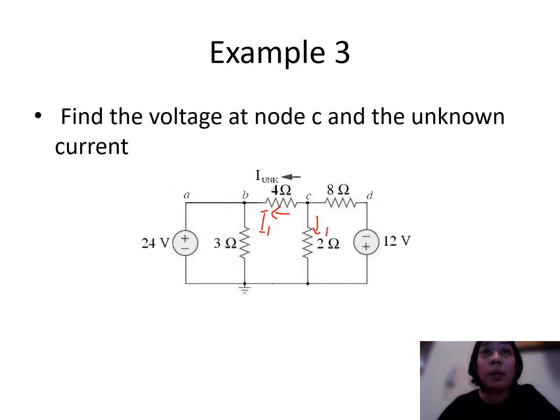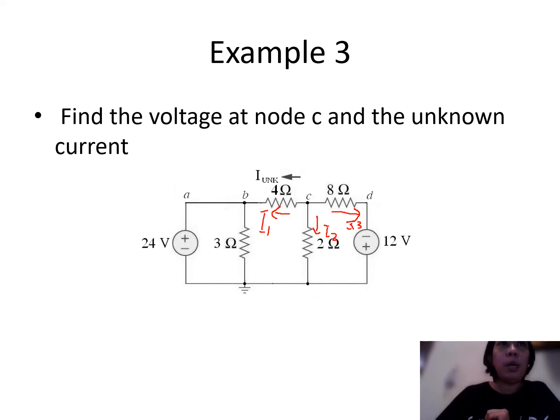Let us call this your I2, and let us call this your I3, all leaving our node C. Okay, so let us identify our nodes. Okay, so let us now write our equations.